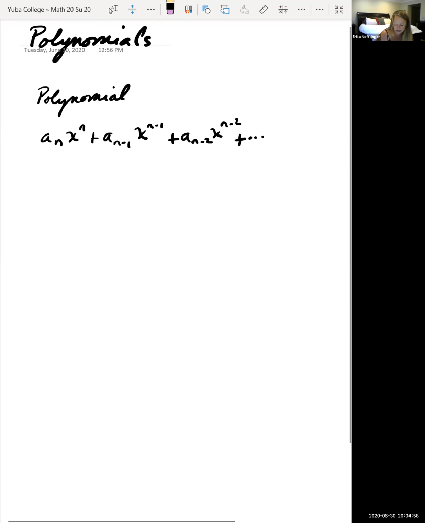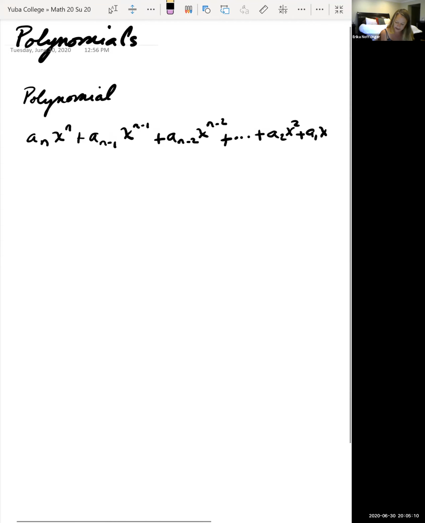A polynomial can be written in the form of a sub n, x raised to the nth power, plus a sub n minus 1, where that sub is just a subscript, of x raised to the n minus 1 power, plus a sub n minus 2, x raised to the n minus 2 power, plus, it can keep on going in this form, plus a sub 2 x squared, plus a sub 1 times x, plus a sub 0.